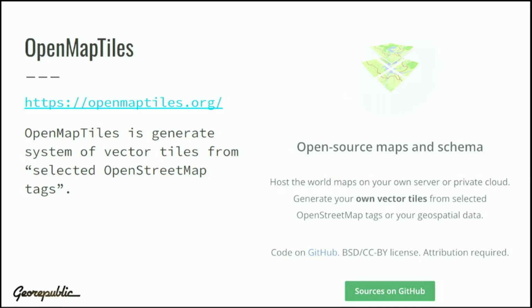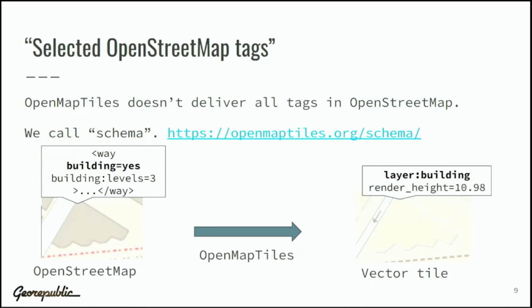Selected OpenStreetMap tags means OpenMapTiles doesn't deliver all tags in OpenStreetMap. We call this a schema. For example, take the building layer: building level 3 means the render height is 10.98.